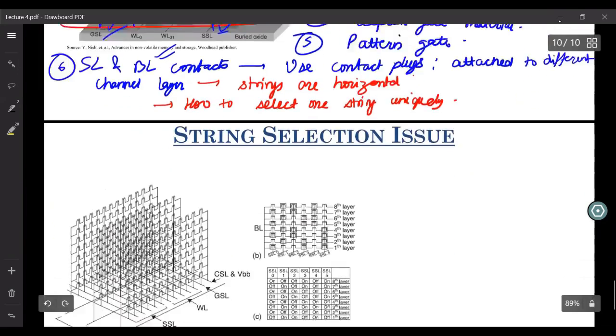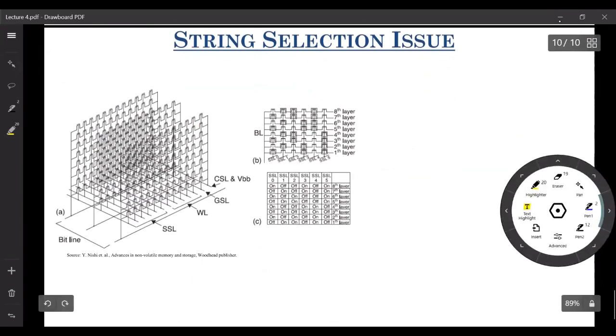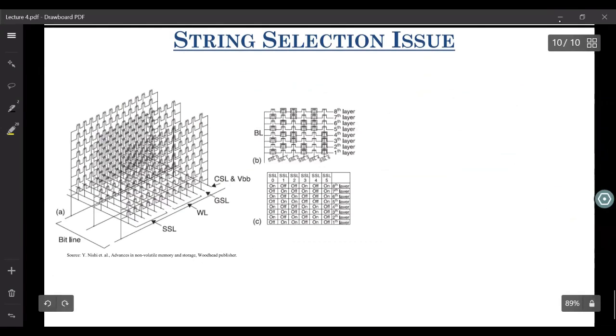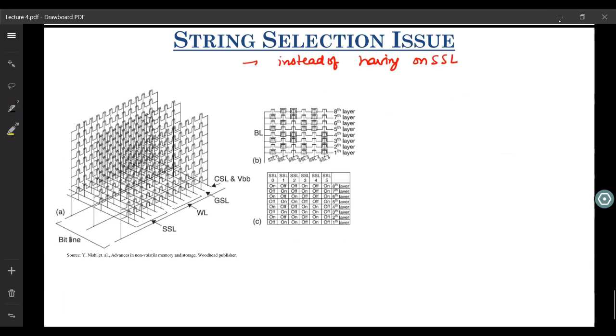So what they came up with is an idea which is kind of using redundancy, I would say. Instead of having one SSL, one source line selector, they have different SSLs like this.